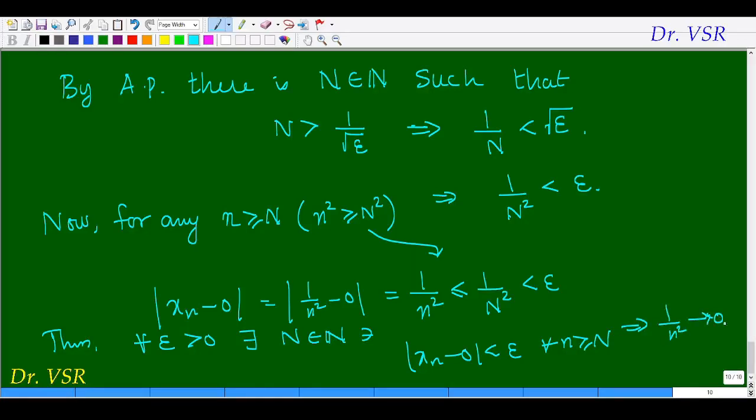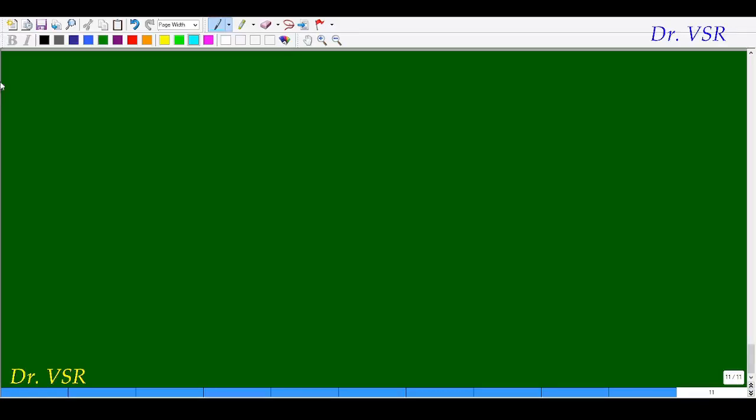Okay, so this is the next exercise and we'll go for another problem. Show that 2n plus 1 divided by 2n converges to 1.